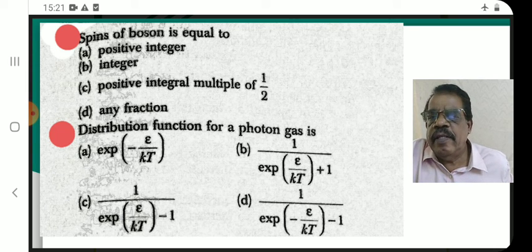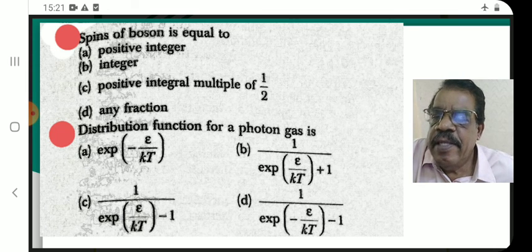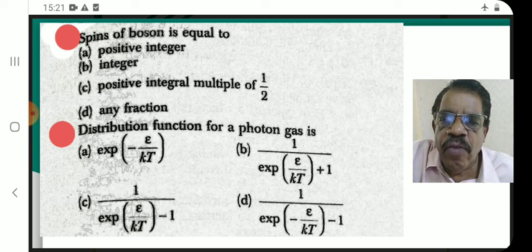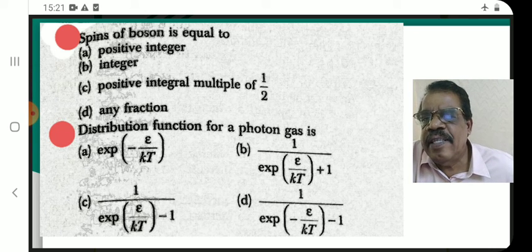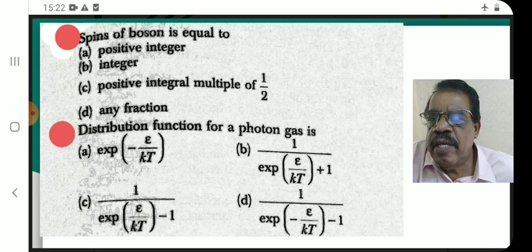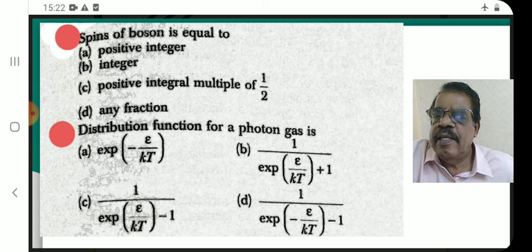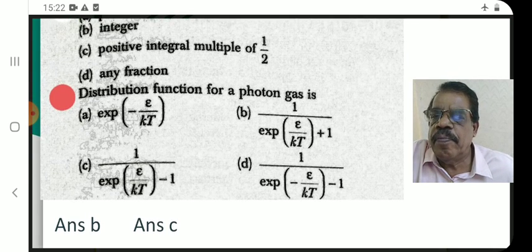So you remember the answer is integer. The boson spin is 0 or any positive integral values. Not alone the positive integer, 0, 1, 2, etc. So it is better to write the answer B, integer.